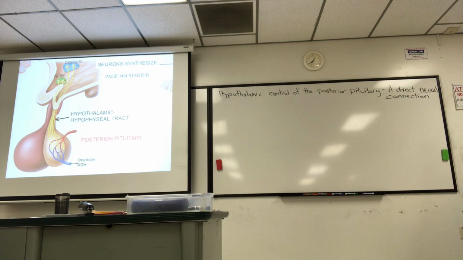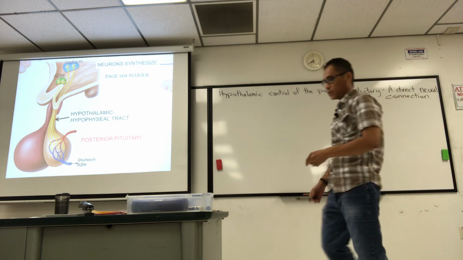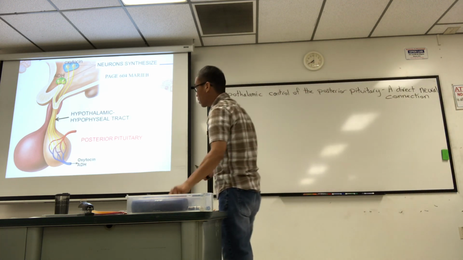It helps to remember, I think I might have mentioned this, in development, the posterior pituitary and the anterior pituitary, I drew in your notes, or I drew on the board, upgrowth, downgrowth. Well, anyways, the downgrowth was actually neural tissue and became the posterior pituitary. Okay? So cells from the hypothalamus were able to extend their axons all the way to the posterior lobe.